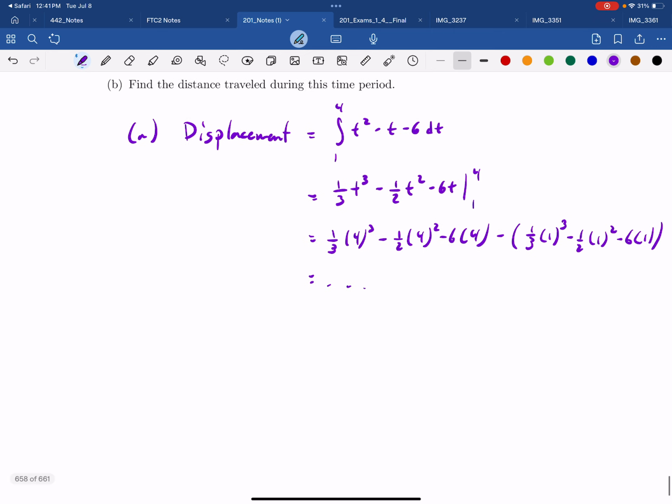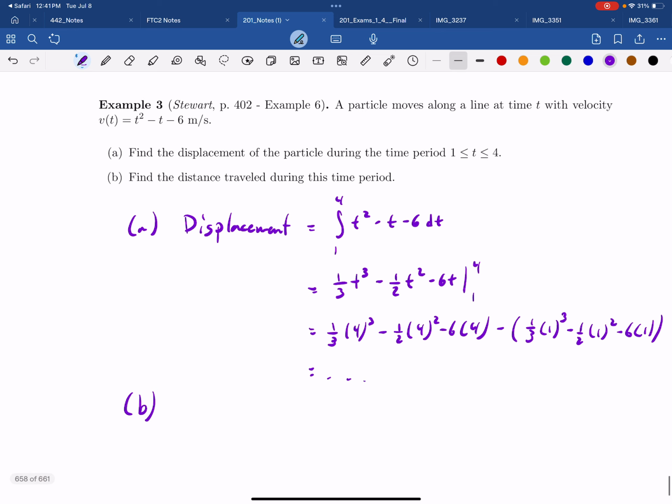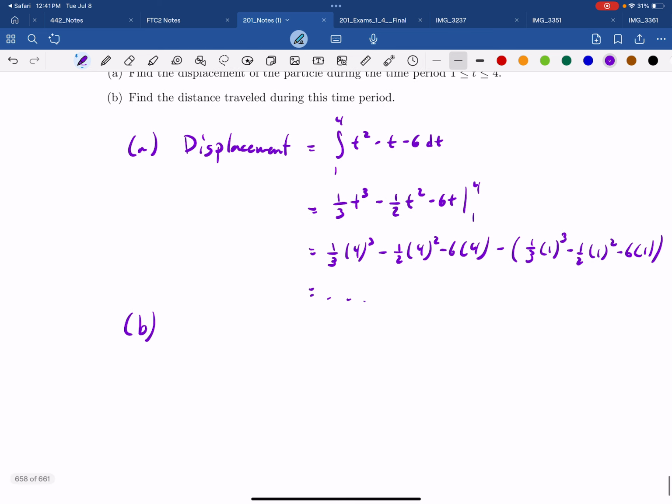All right, what about the distance? Well, the distance just takes a little bit more work. Not any more calculus work, but a little bit more algebra work, right? Because we have to find when v of t equals 0 and then split the integral up at those points. So we're going to let v of t, which equals t squared minus t minus 6, equal 0.